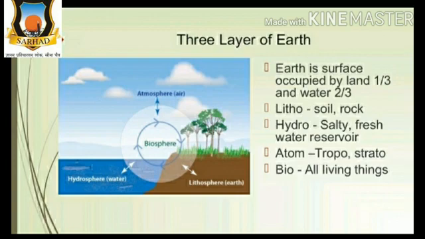The water cycle on earth goes on continuously. The ozone gas in the stratosphere absorbs the harmful ultraviolet rays coming from the sun and protects the living things from them.